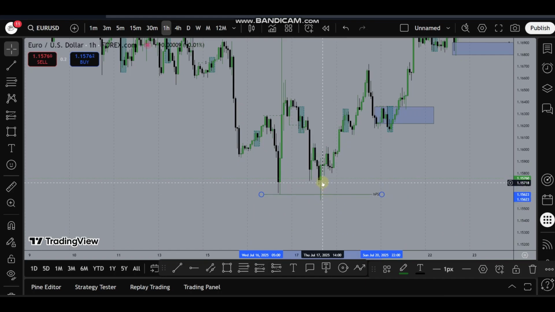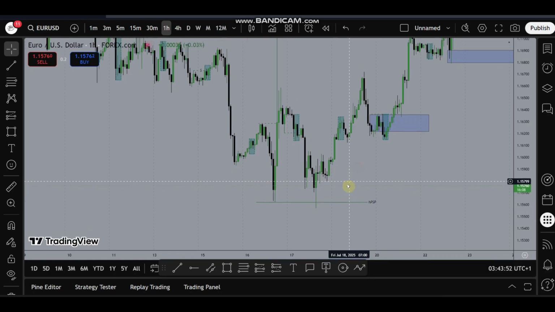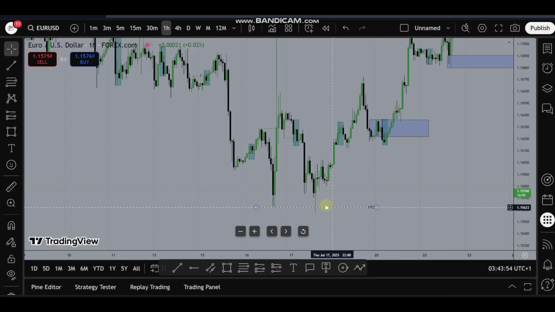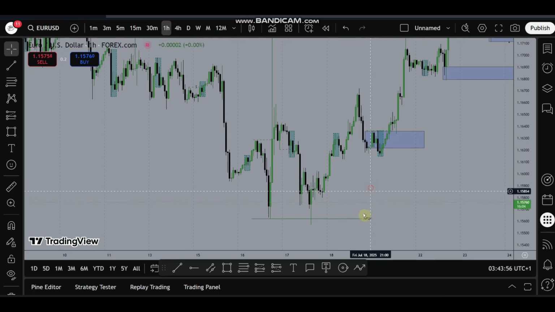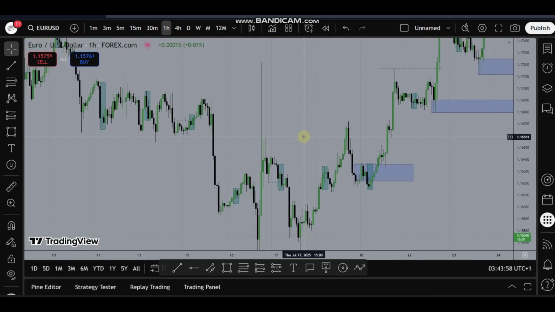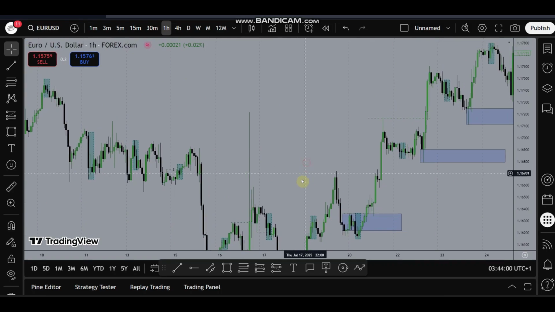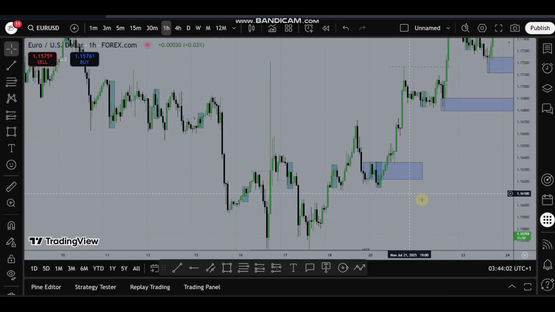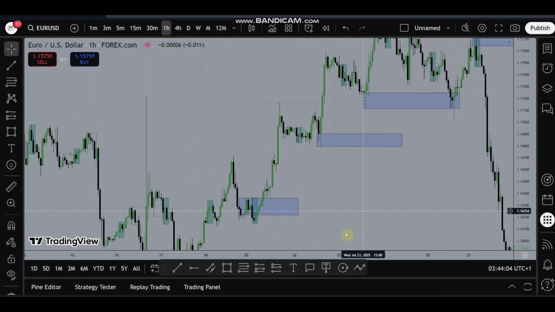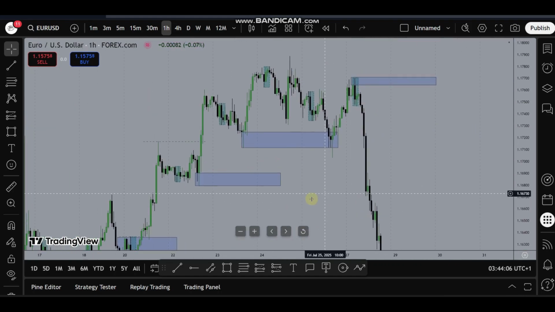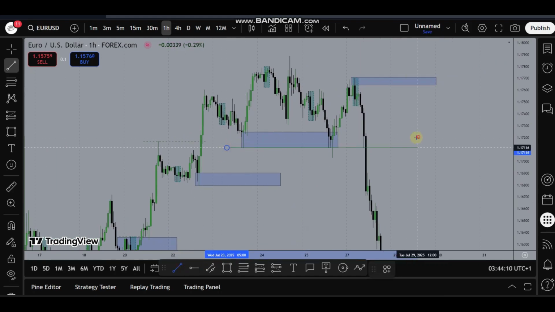If price trades through it with a wick and rejects from that place, that's when you know that price is respecting that key level, that old high or low. But when price closes below it, you know that price is not respecting it. So just any old high or low, the lows, the highs.